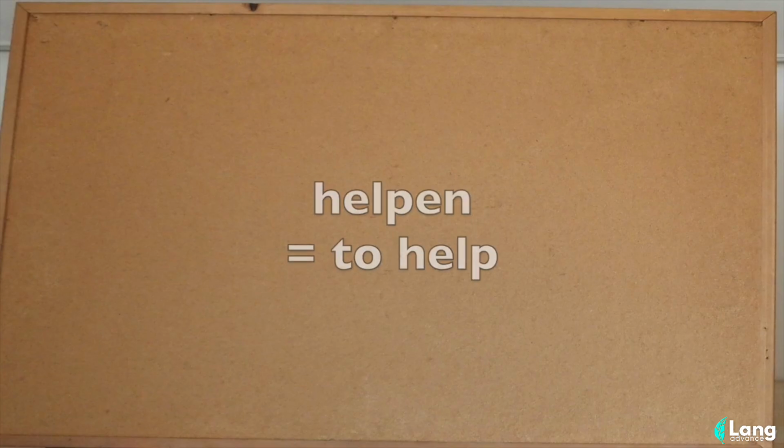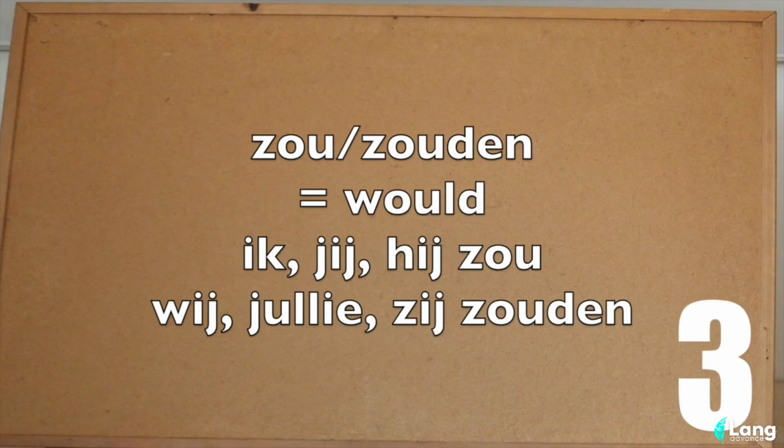Helpen, that's to help. Zou or zouden in the plural. Zou is for the single, so it's ik, jij, hij, zou. And the rest zouden, that's would. There's no infinitive for that either in English, to my knowledge.